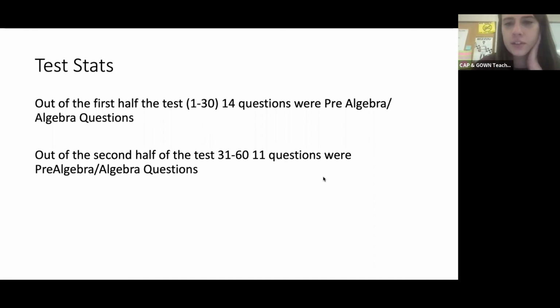I want you guys to look through this test and just kind of glance through it, read through the questions, and see how many questions you can identify now just by looking at it. I don't want you to solve it. No solving.